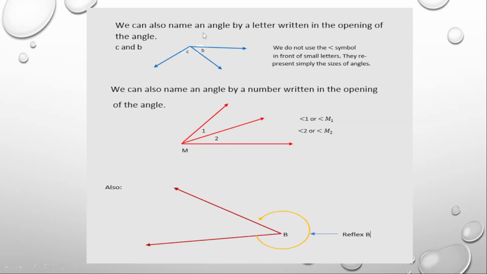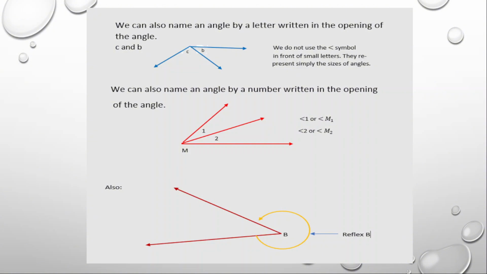Right, so we can start now with our next way of naming angles. We can also name an angle by a letter written in the opening of the angle. So you see here, I use small letters c and b, but we do not put the angle symbol in front of them, because they are actually just representing the sizes of angles.